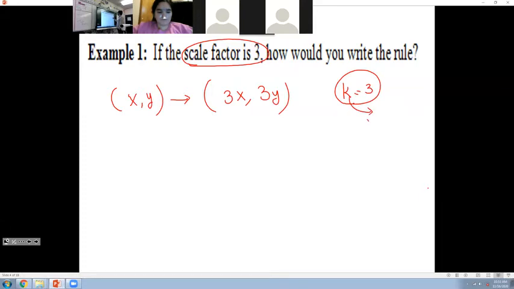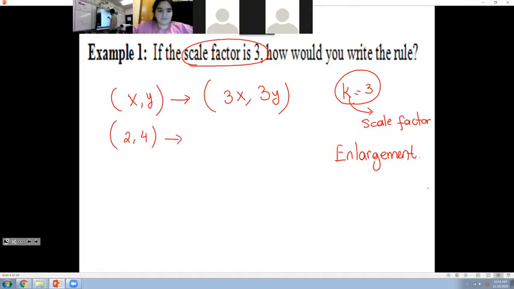K represents scale factor. It gives you an idea if it is going to be enlargement or reduction. And like Layli said, since it is greater than 1, it is going to be enlargement. That means you will have a shape 3 times bigger. Let's say one of the coordinates is (2, 4). What will be the new coordinate? The new coordinate is going to be different than before. 2 times 3.